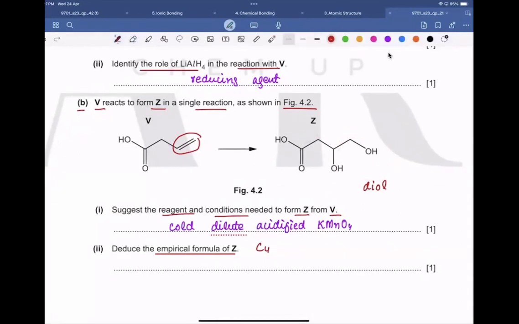After carbons, there are 2 hydrogen over here, 1 hydrogen over here, 2 hydrogen over here. So 1, 2, 3, 4, 5, 6, 7, 8, 8 hydrogens. Now, if we count the oxygen, 1, 2, 3, 4, so 4 oxygens, right? On simplification, I will get CH2O. Yes, very good, Hassan. CH2O is the empirical formula.